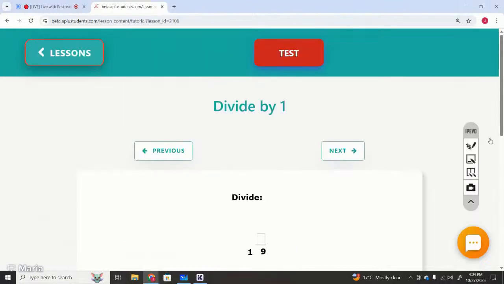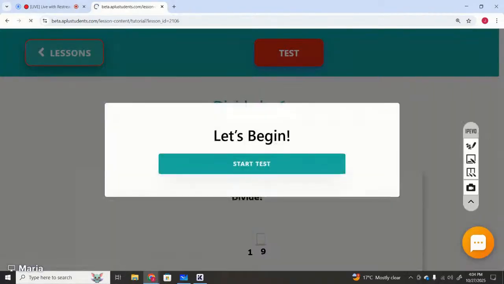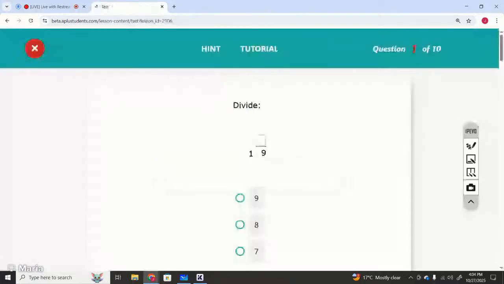Let's just start with the test questions. 9 divided by 1. So how do we divide? One times 9 is 9.